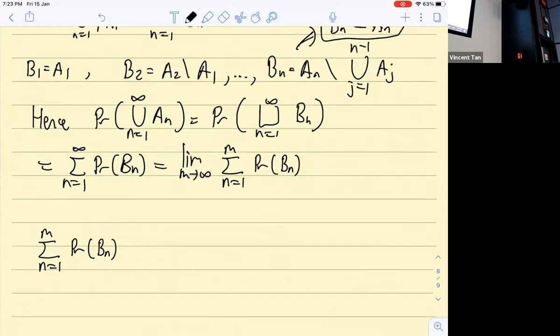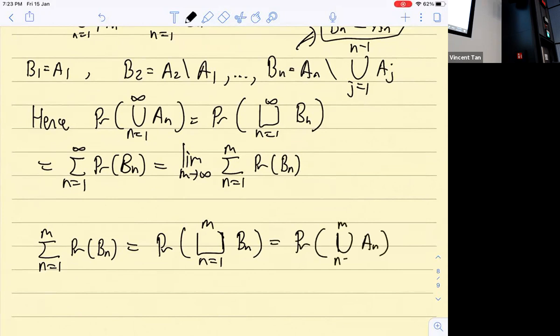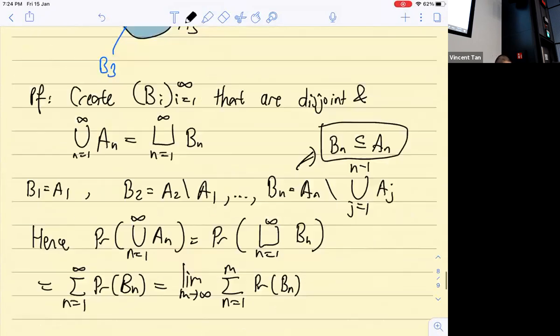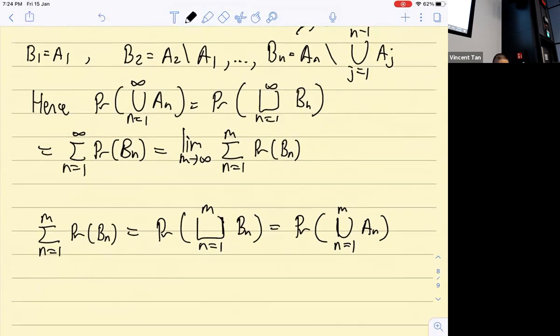These B_n's themselves are disjoint, so we are left with this disjoint union. But this disjoint union is exactly equal to the union of the A's up to m, because everything is preserved in the finite case, just like in this picture. So the union of the B_n's up to m is the same as the union of the A_n's up to m.